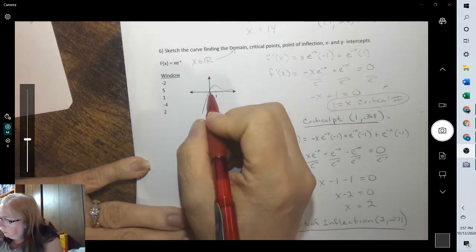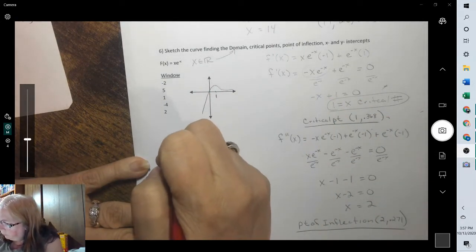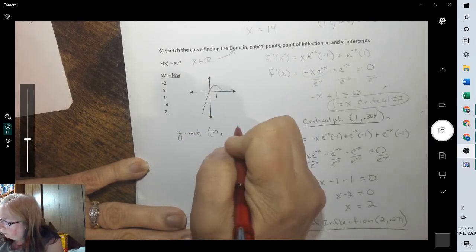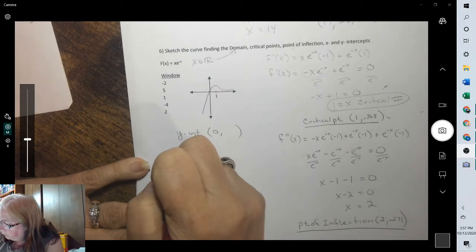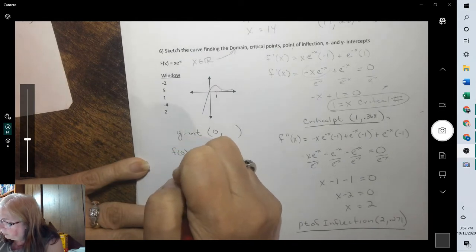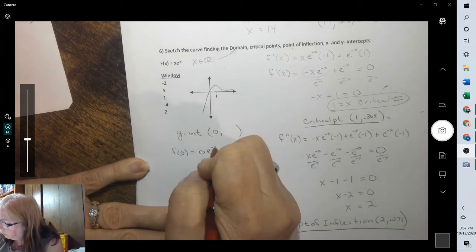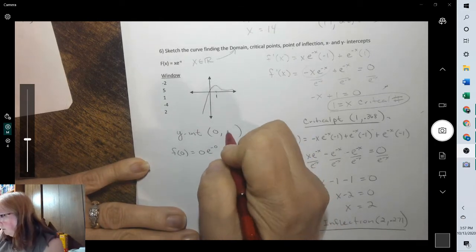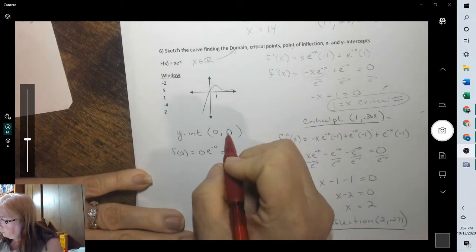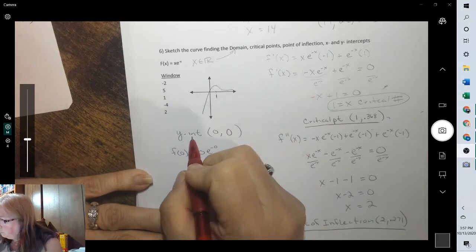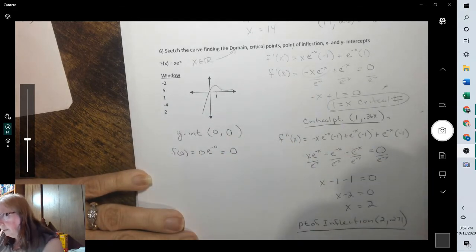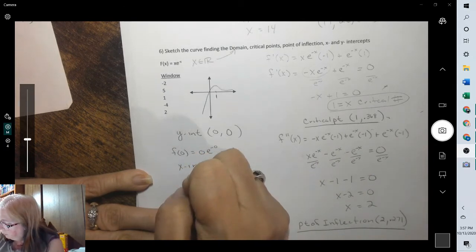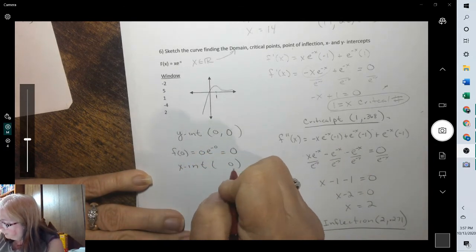The x and y intercept is at the origin, but if you wanted to find them or needed to find them, the y-intercept is when x is 0. So if we take the original and plug in 0, we get 0, because 0 times anything is 0. And when you have the origin for your y-intercept, it's also your x-intercept. The x-intercept is when y is 0.